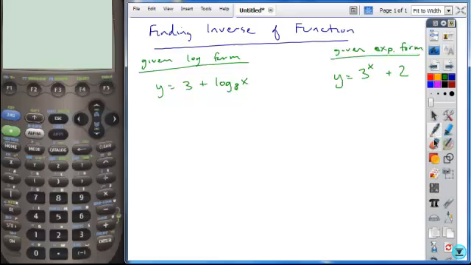You're either going to be given the log form of it or the exponential form, and they ask you to find the inverse.